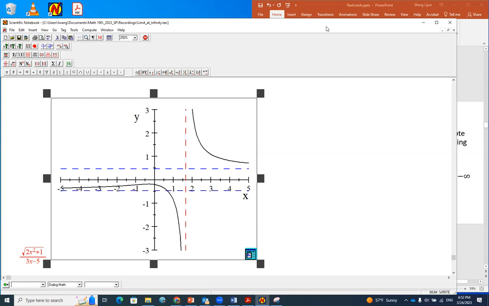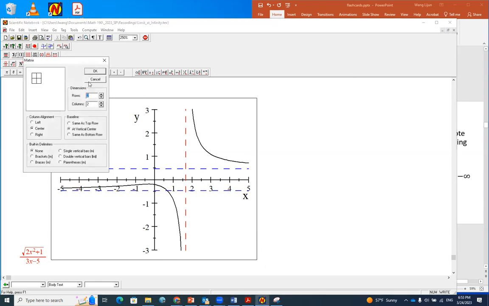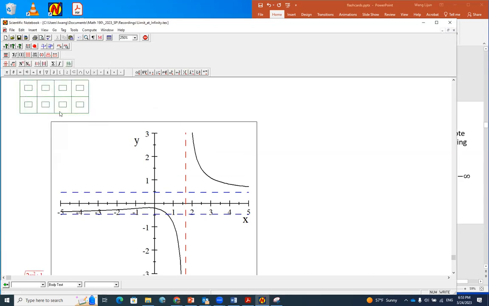So how do we express these equations of horizontal asymptote? You need to understand, and some of you I'm sure know, but I just want to clarify. Actually, this way of writing may not be that clear. So what I'm going to do is make a little table to express this.